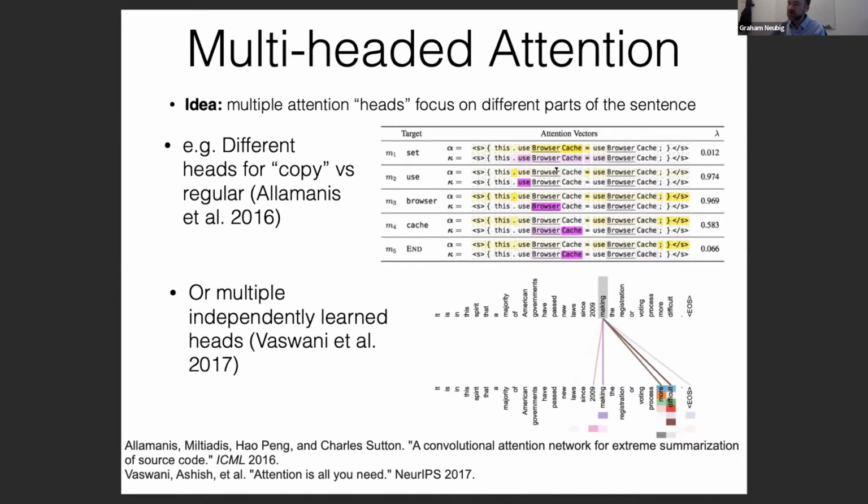But in standard models nowadays, what we use instead is we have multiple attention heads, but we just let the attention heads kind of learn on their own what they would like to focus on. And here's an example of this word making attending to other words in the same sentence in self-attention, which I'm going to talk about in a second.